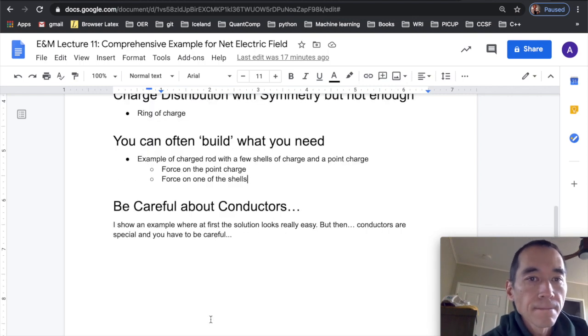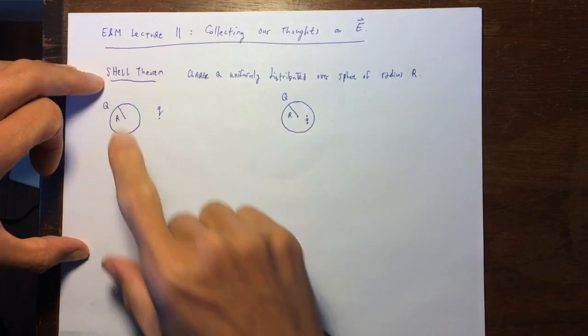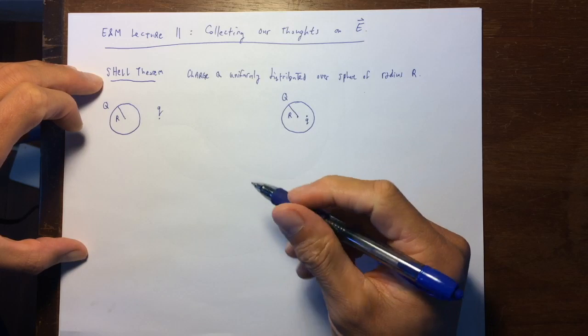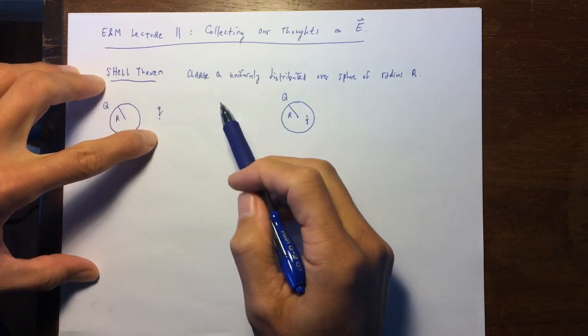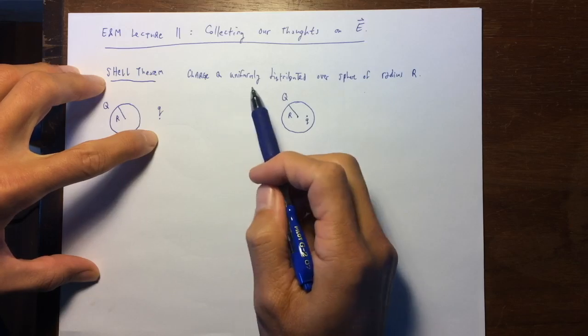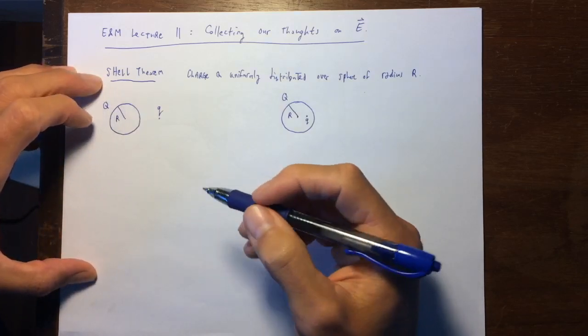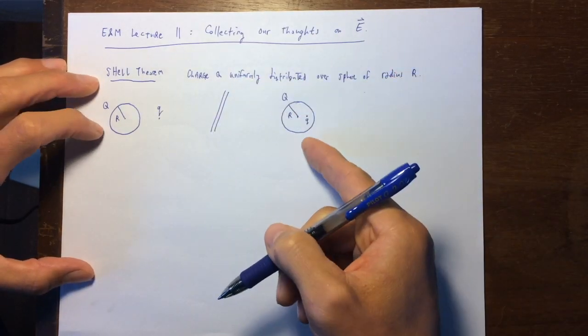Okay, so let's start with the Shell Theorem. We introduced it early on in an earlier video, and it's actually about force, as far as that early video is concerned. The Shell Theorem is sort of two statements.